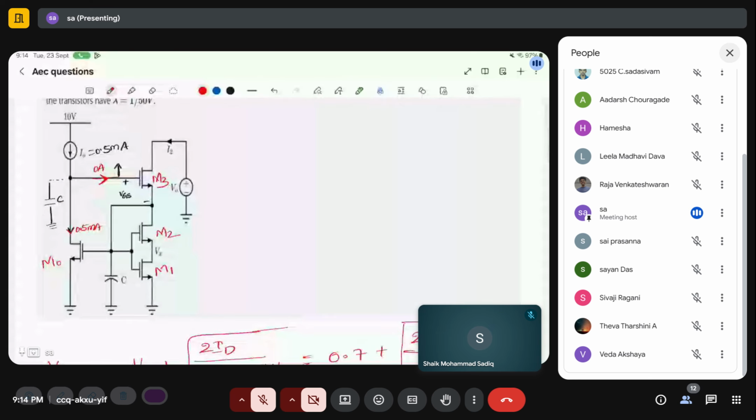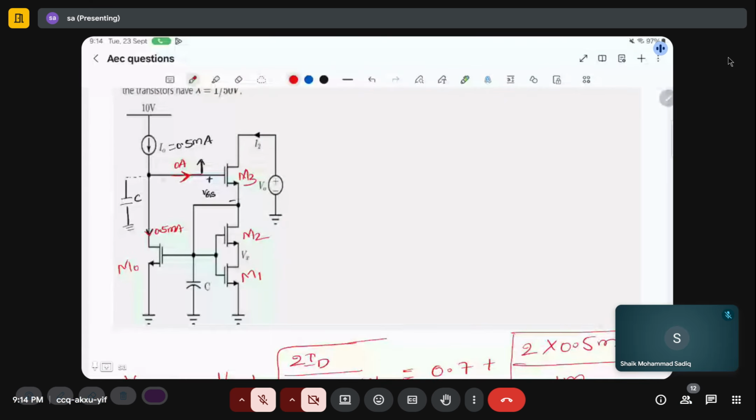So how will the current flow? This node potential goes up, and the current flows into M3, and this node potential will be increased such that this VGS is enough to get this 0.5 milliamps of current.